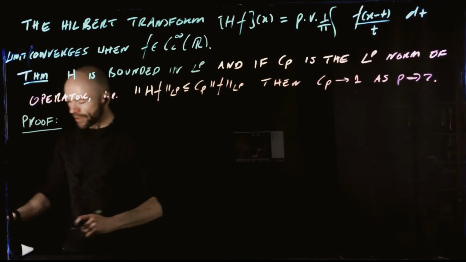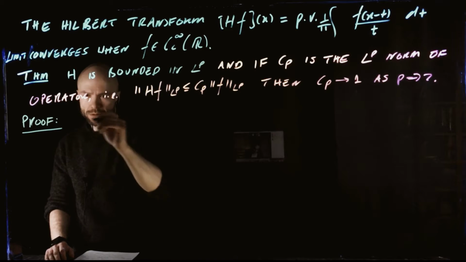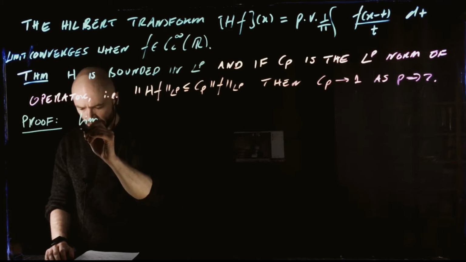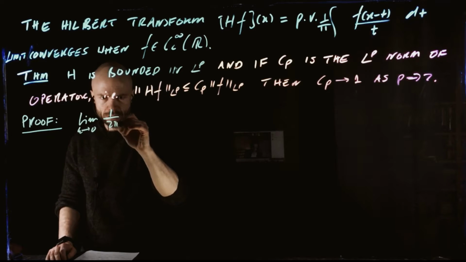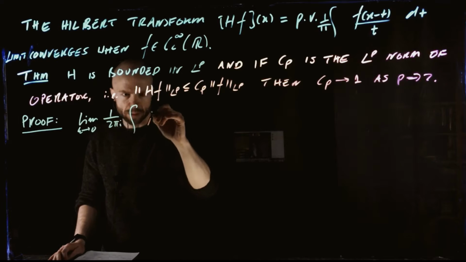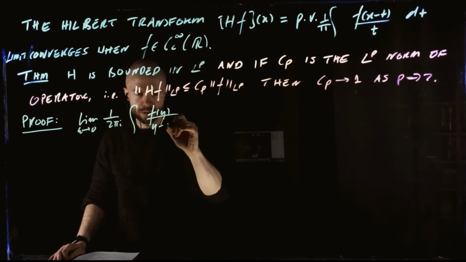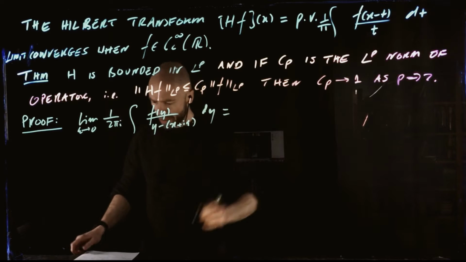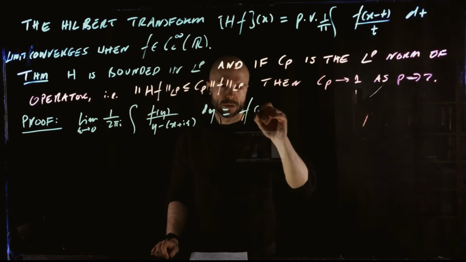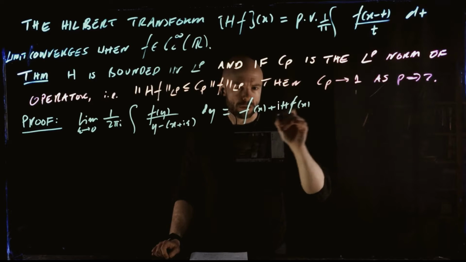Our starting point is this formula that we established on Monday, which is the following identity, which has a name associated with it that I cannot pronounce and won't be able to spell, so I'm just going to ignore that part. The integral of f of y over y minus x plus i epsilon dy was equal to f of x plus the Hilbert transform of f of x over 2.